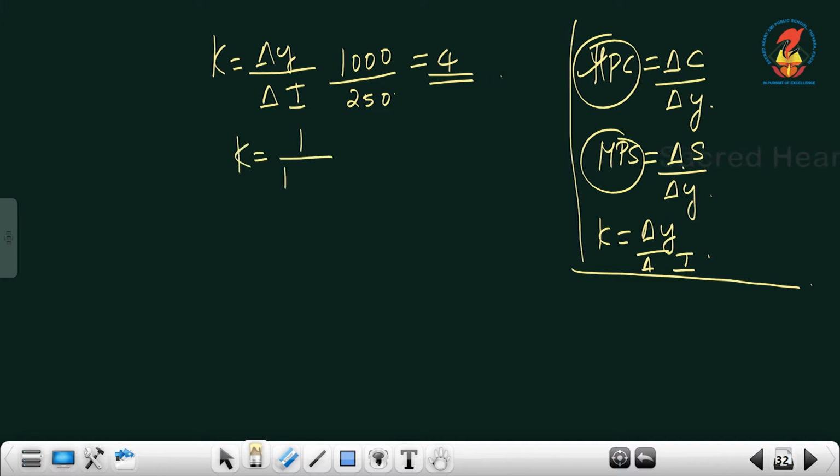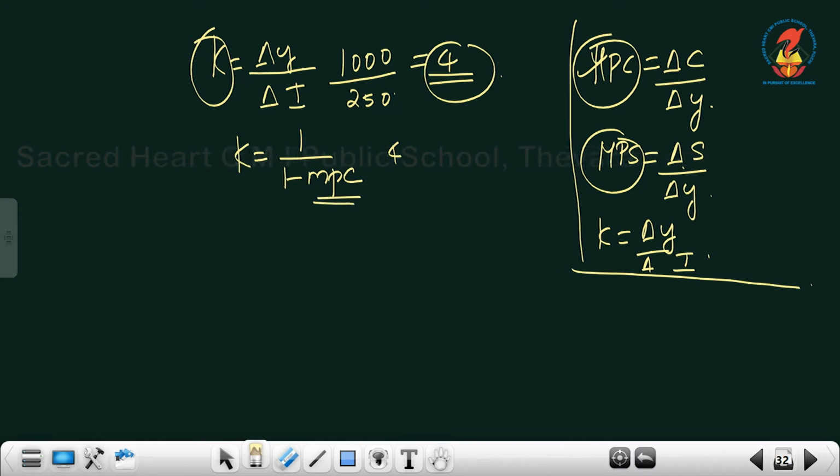K is equal to 1 by 1 minus MPC, right? So you can write down the formula here, with the value of K as 4, because only from this formula you can find out MPC. Only when you get this MPC, you can find out delta C. So from where will you get MPC? From the formula K is equal to 1 by 1 minus MPC.